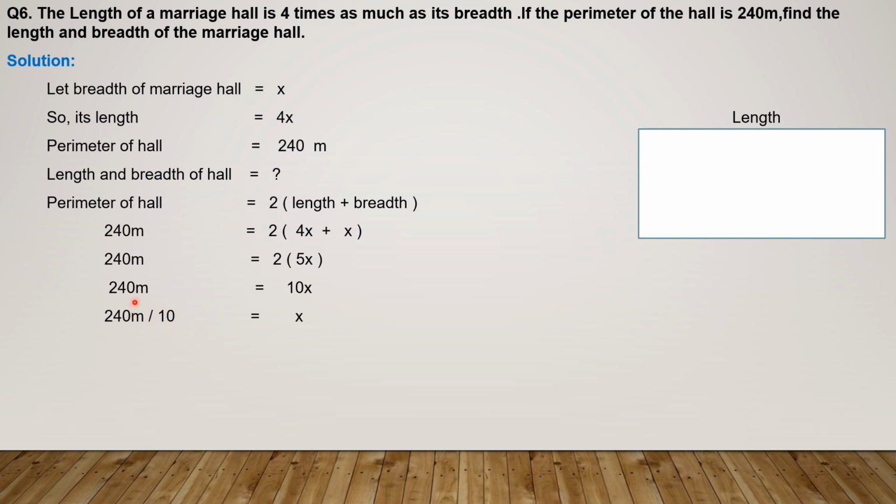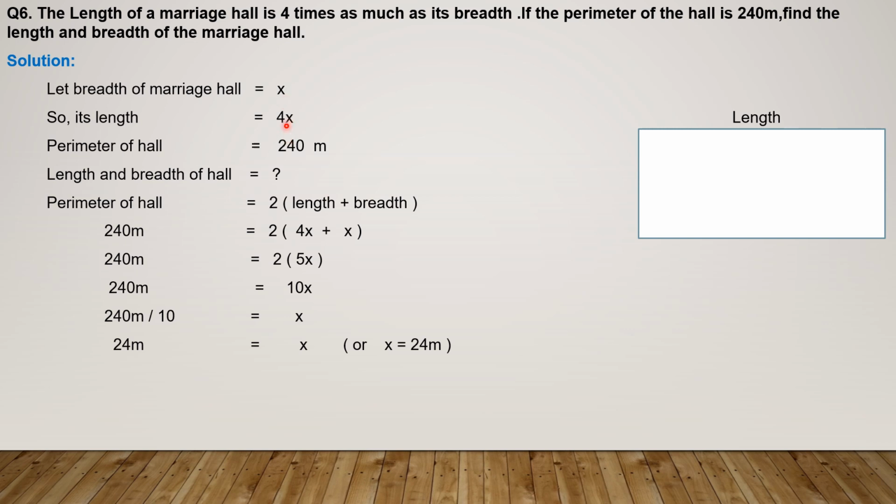Simply cancel out this 10 with 10. We will get 24 meter is equal to x, or we can write x is equal to 24 meter. Now what is x? Breadth. This is the breadth, that is x. We have supposed that it is x, 24 meter.